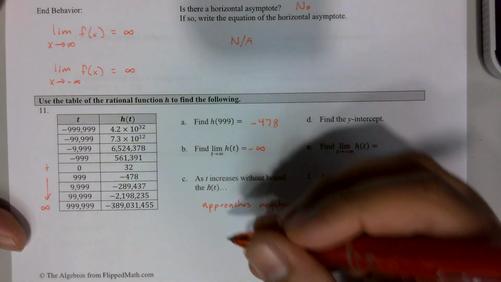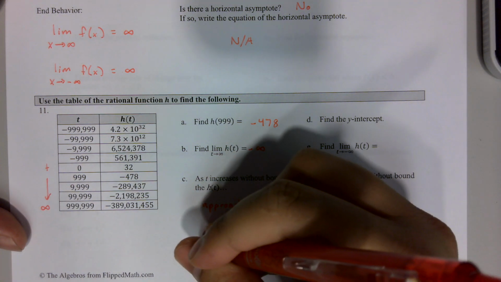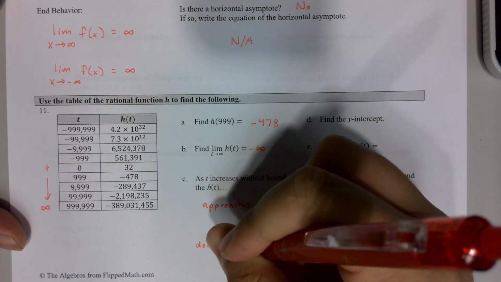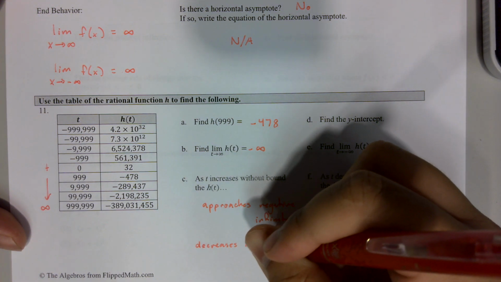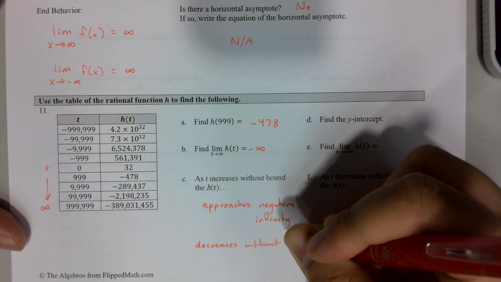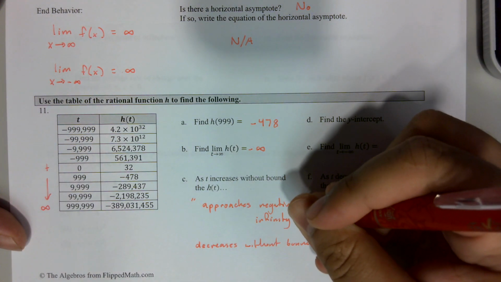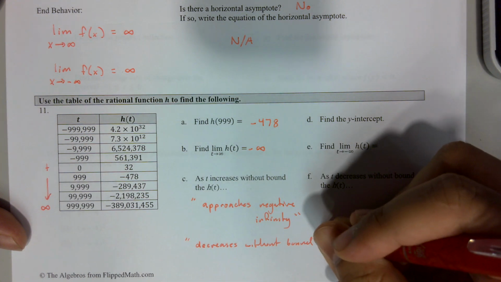You can also say, and the way that I told you in class, is you say that it decreases without bound. So two different ways you can say this, and they both mean the same thing.